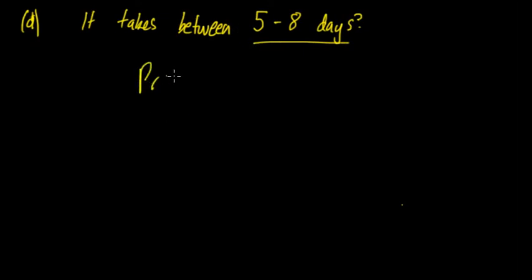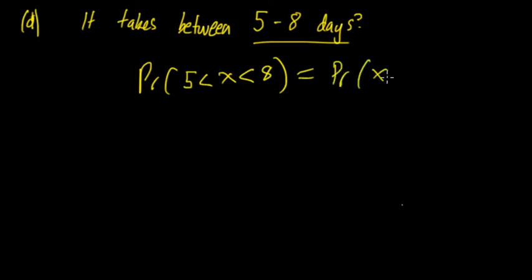We know that we have to find the probability of x is between 5 and 8. So what does that equal? Well, that is equal to x is less than 8, but x is greater than 5. And then we could minus that from the probability of x being less than 5.